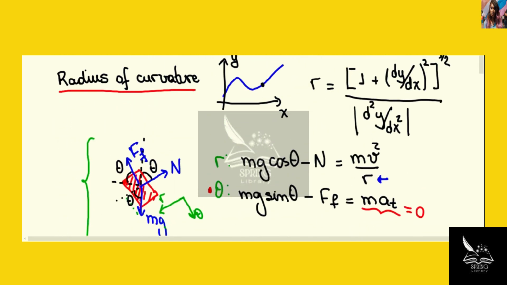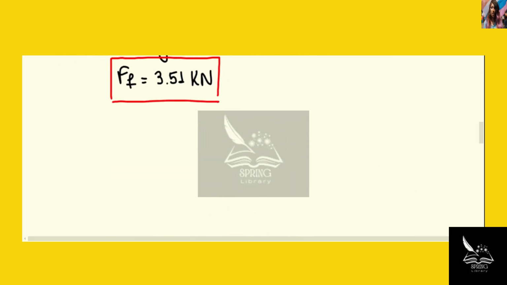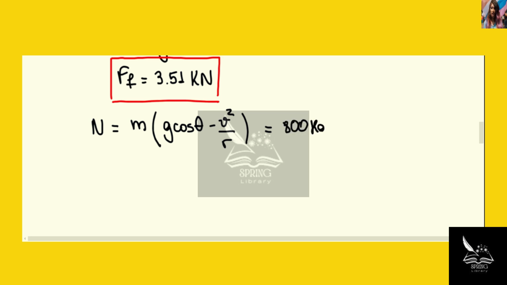And then we have to find the normal force. I'm going to take the first equation now. So I have that N is equal to m g cosine theta minus v squared over r. Now m is 800 kilograms.